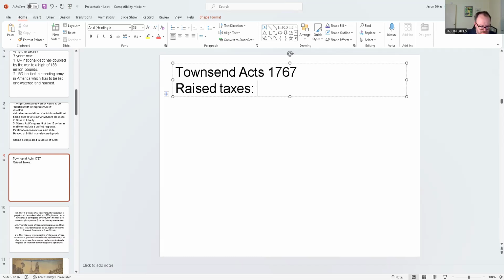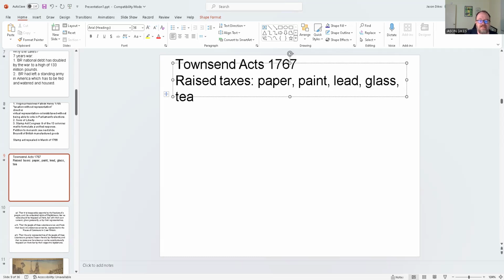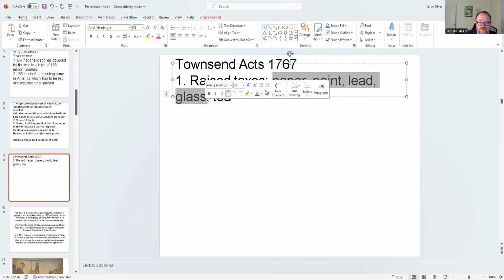It raised taxes on paper, paint, lead, glass, and tea, just those five products, all of which pretty much came from England. There's very little manufacturing of these items here in America.